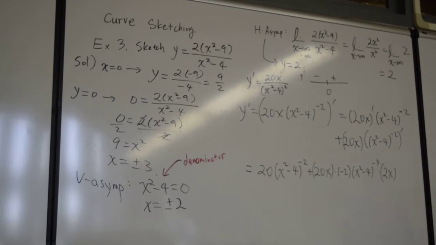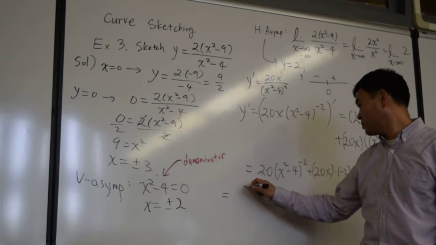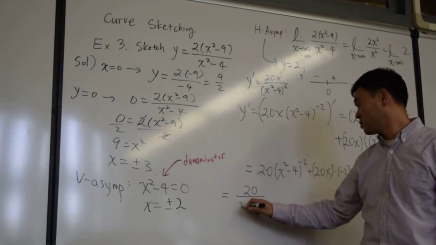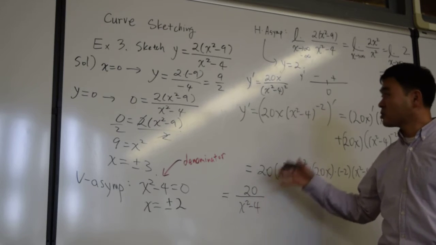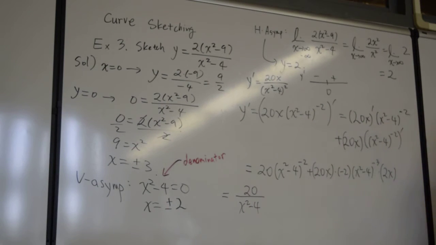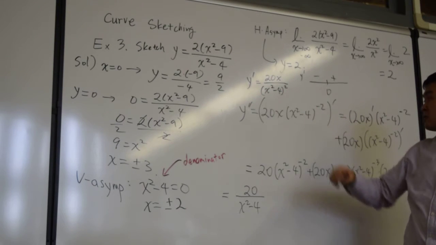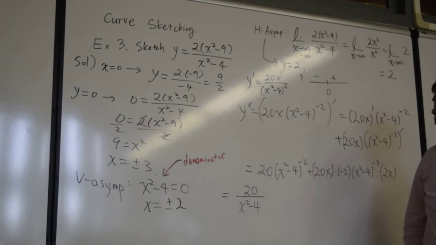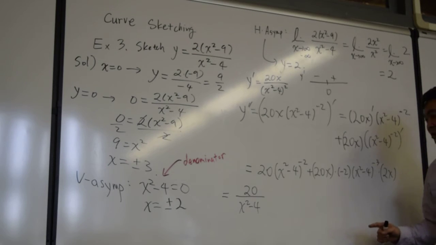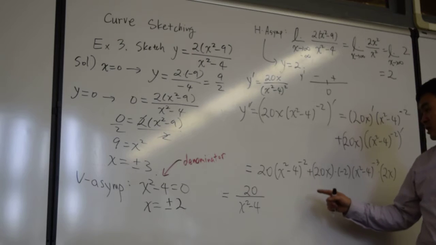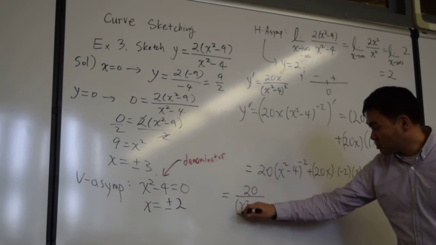And then you have to go back to the fraction form, because if this was simply a differentiation question, if the question was find the derivative of this function, then you can just stop here. That'll be good enough. But since we have to use this for figuring out the sign of the second derivative, we have to simplify this further.